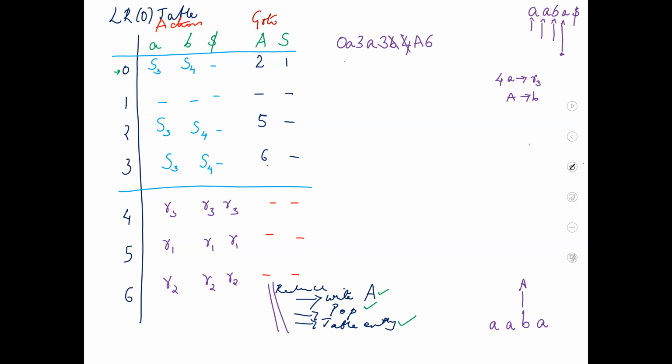Okay, so I have 0A, 3A, 3A, 6. My look ahead pointer is again at my A portion. 6 small a.